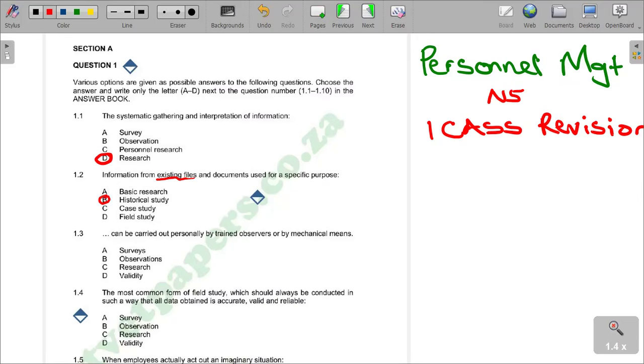So you don't need to do a research to find the solution to that problem, because there are incidents that took place and they were recorded, and there were solutions also recorded. So we just go back to the existing files and look for a solution. So there's no need for research.